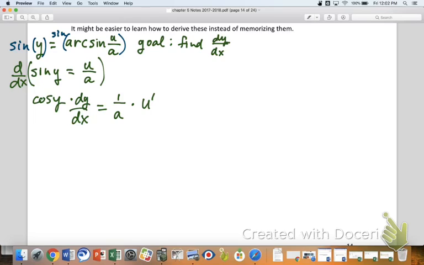Still making sense? All right. So then, remember the goal, I wrote it up here. The goal was to find dy dx. Do you see it? What do I need? Yeah, right, divide. So this would be something like dy dx equals 1 over a cosine y, and then use u prime on the top, times u prime. That make sense?